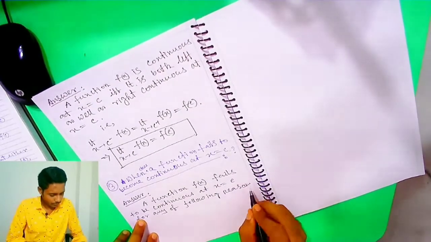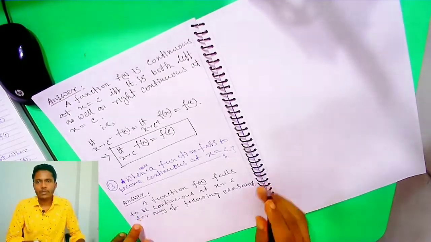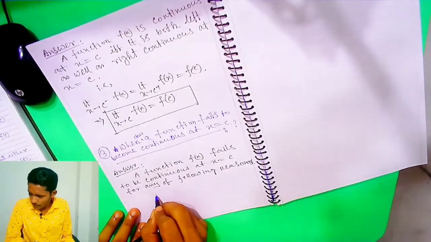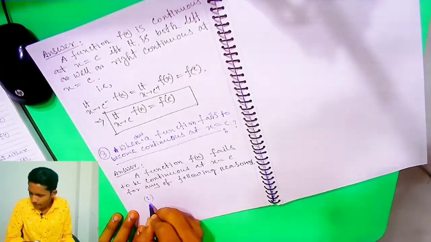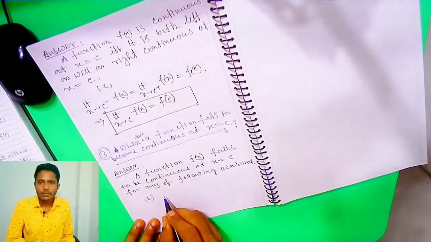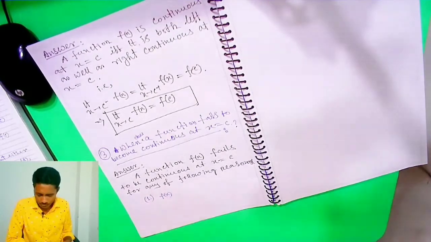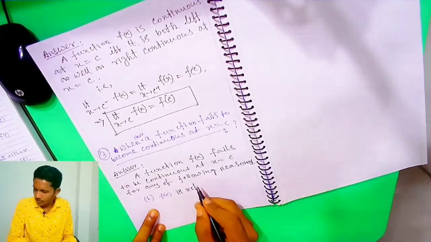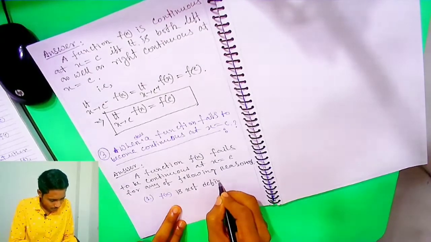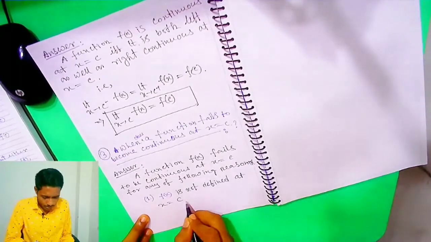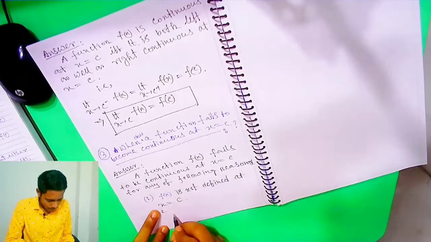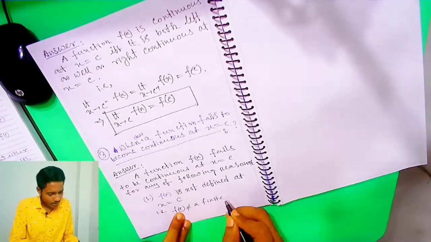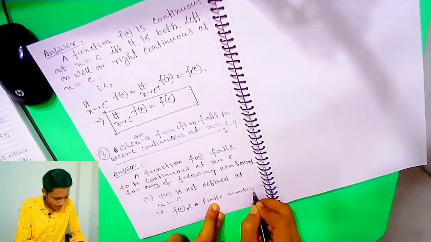Number 1: f(x) is not defined at x is equal to c, that is, f(c) is not equal to a finite number.